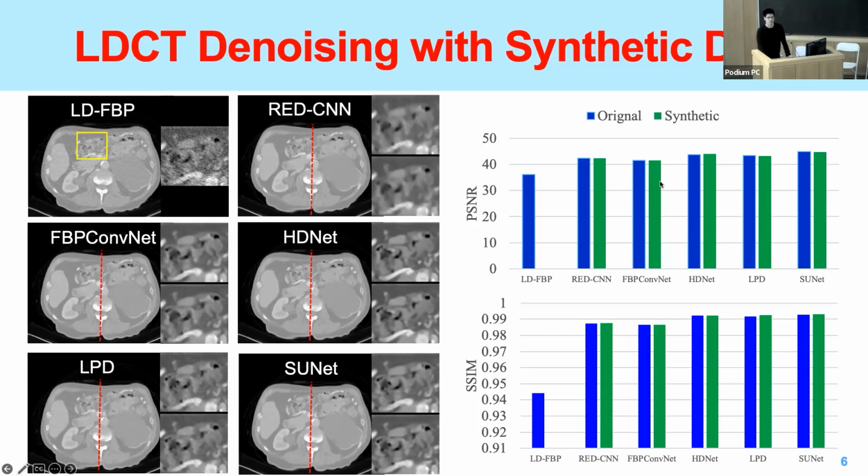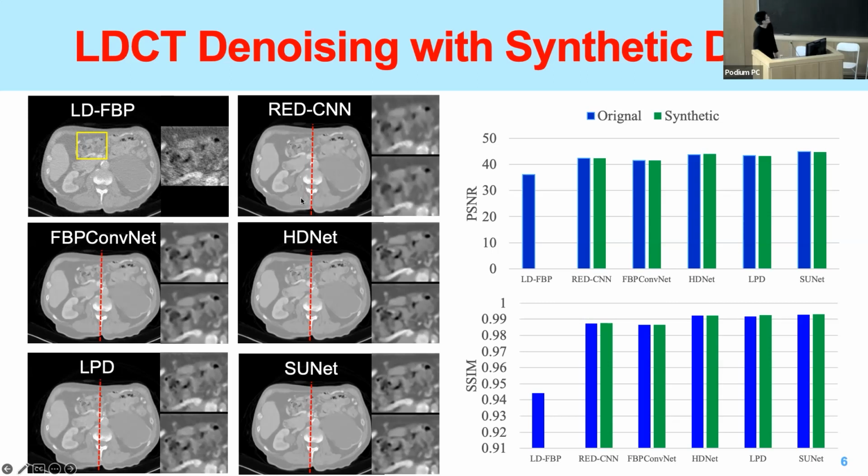To make a challenge, we assume a strong noise and train several denoising neural networks from the original datasets and synthetic datasets. We can see this image, left and right are from the original dataset and the synthetic dataset respectively. In this zoomed-up view, top and bottom are from the original dataset and the synthetic dataset respectively.